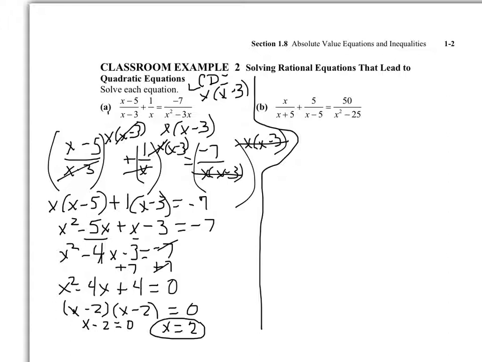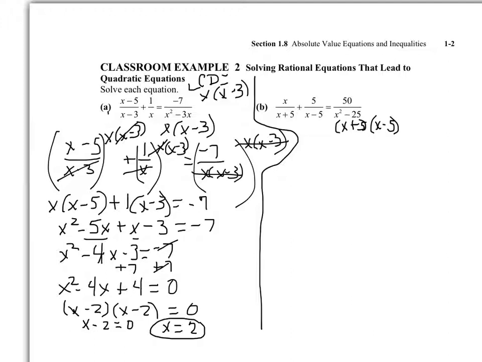Because the first term is a perfect square and the last term, 25, is a perfect square, and there is a subtraction sign in the middle, this is a difference of squares. If you need to go back and review those methods for factoring, go to that review video that's loaded at the bottom of the homework in MyMathLab, and you will discover that this factors into x plus 5 times x minus 5.